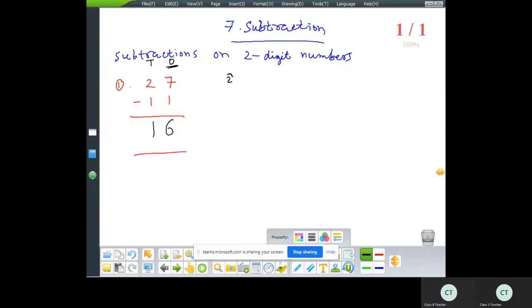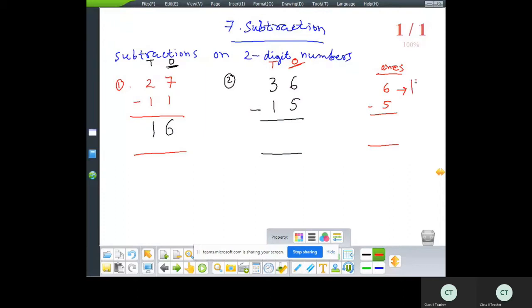Now, question 2. 36 minus 15. Here again we write the place values for the digits in a number: ones, tens. Now subtraction on ones. 6 minus 5. These are ones. It means 5 subtracting from 6.